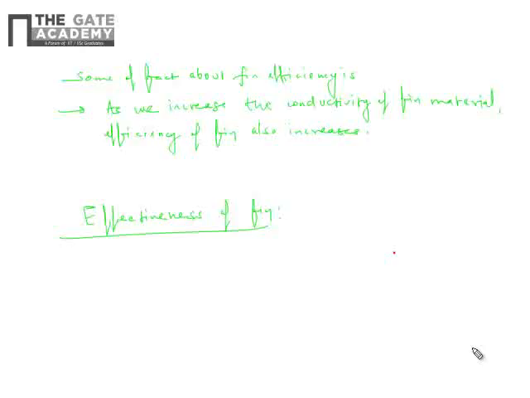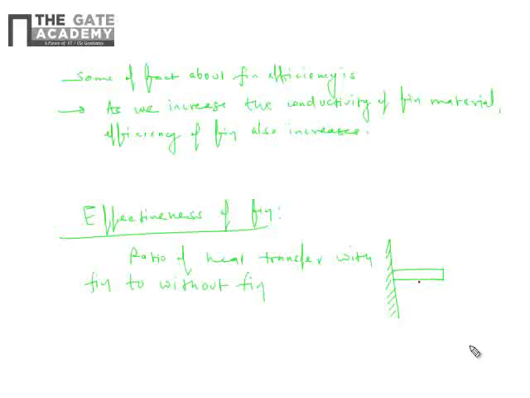So to check whether inclusion of a fin is increasing the rate of heat transfer or not, we define a term effectiveness, and it is defined as the ratio of heat transfer with fin to without fin.